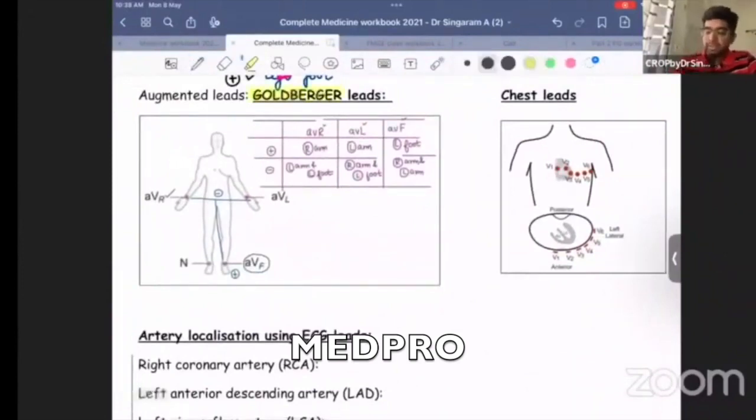It's called Goldberger leads, wherein we keep one positive polarity, correct. But instead of keeping a negative polarity at one area, we keep it as a common point between two areas. By keeping this negative polarity as a common point between two areas, we are actually augmenting the signals we get from the leads.